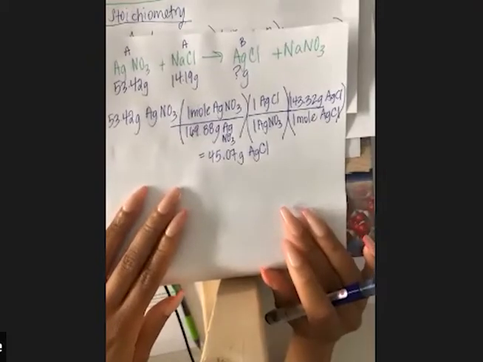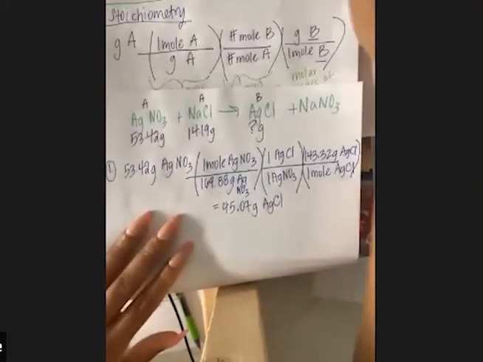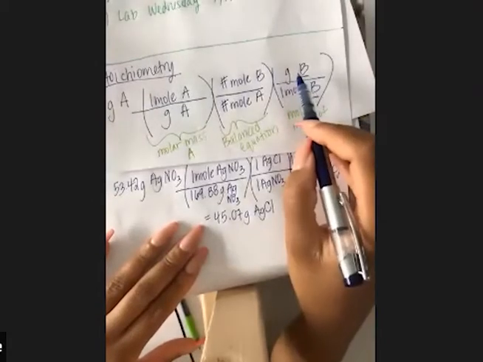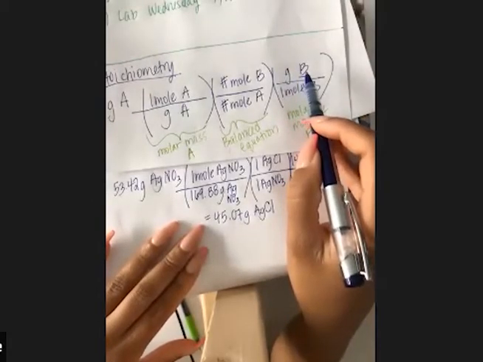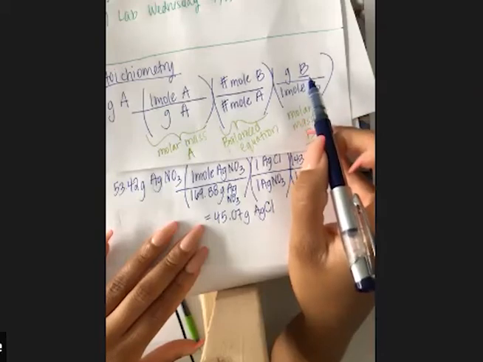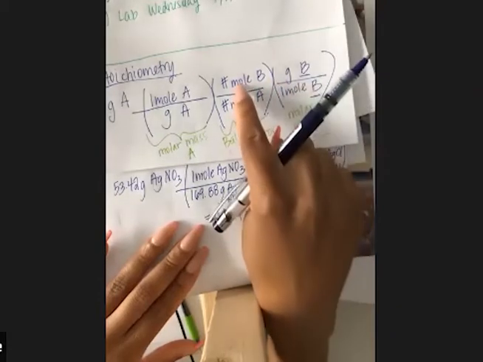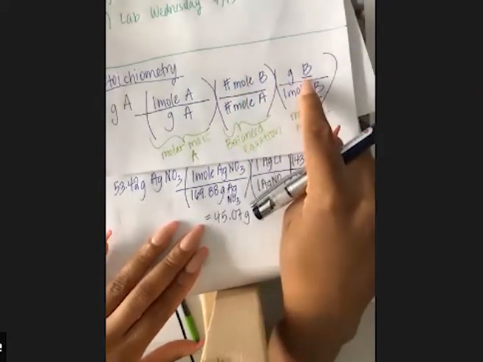Yes. Okay, so you know here in this last step, it says, let's find the grams. That's normally what we're looking for, finding the grams of B, right? So if it's asking us to find the molecules of B instead of the grams of B, we know how to go from moles to molecules.